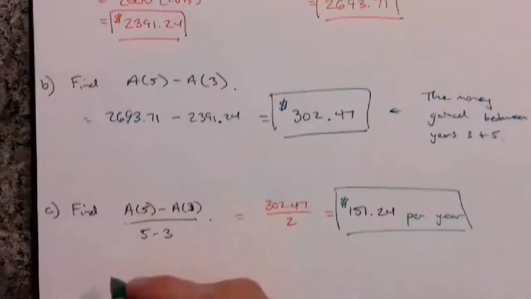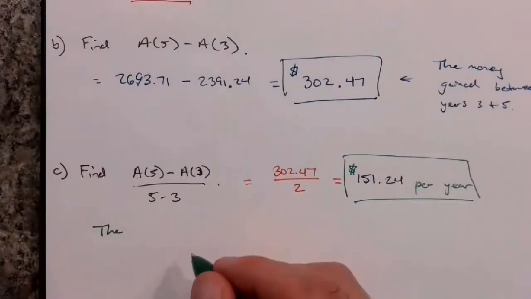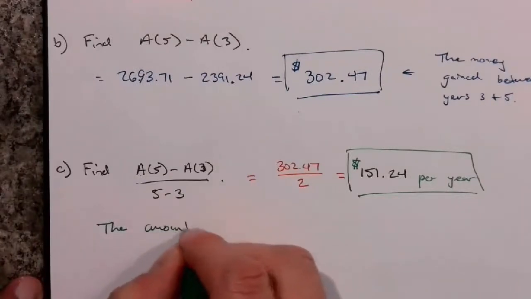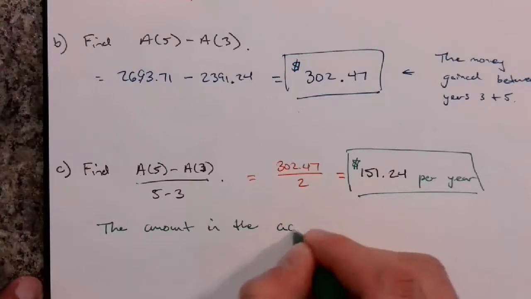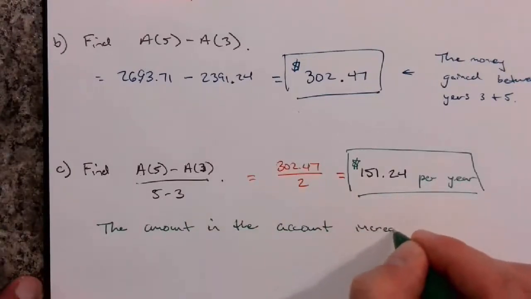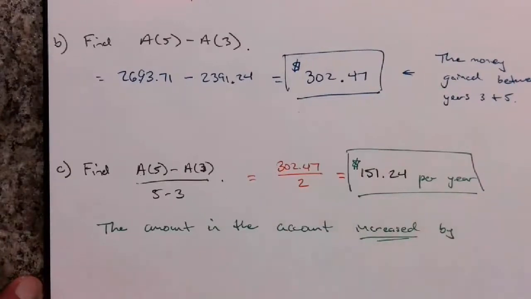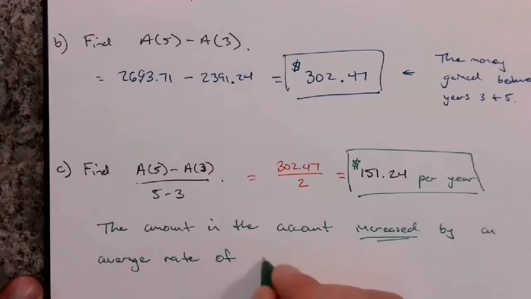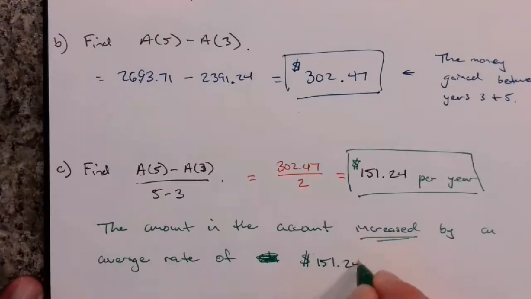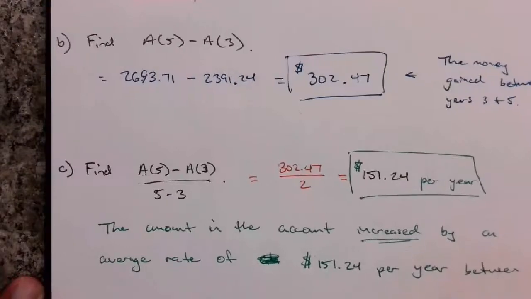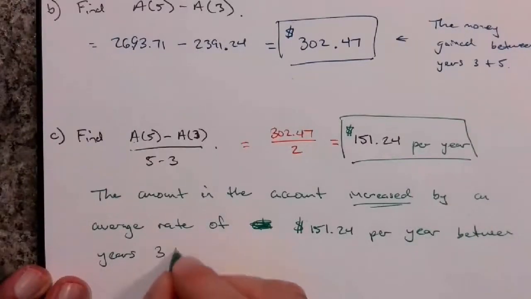So a sentence that could go along with this, and there are other ways to phrase it, but make sure you're talking about these key parts: The amount in the account increased by an average rate of $151.24 per year between years 3 and 5, right?